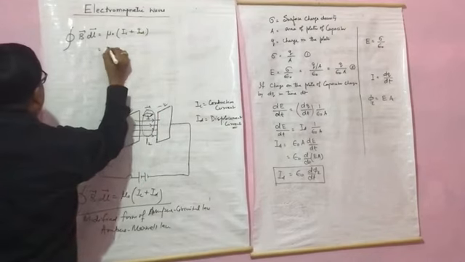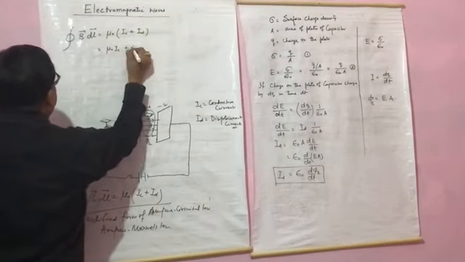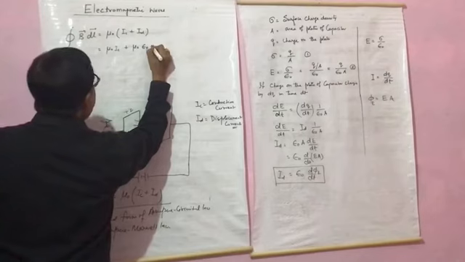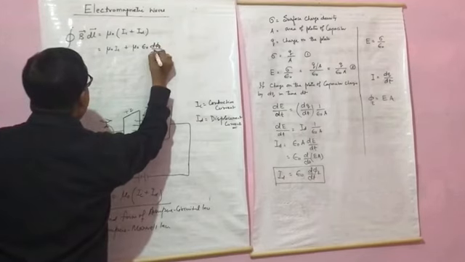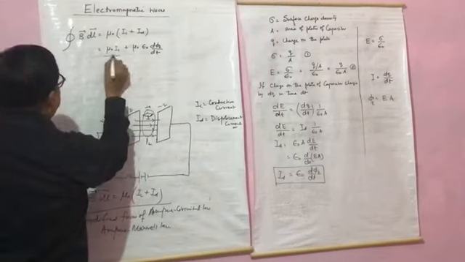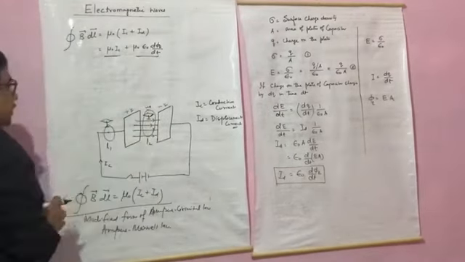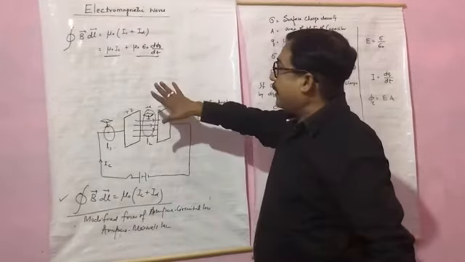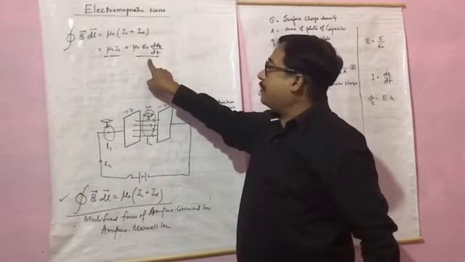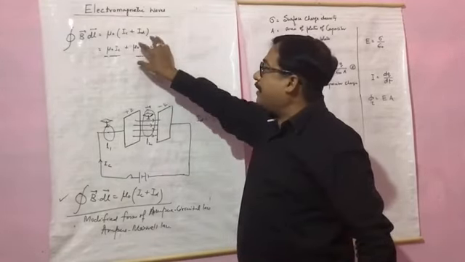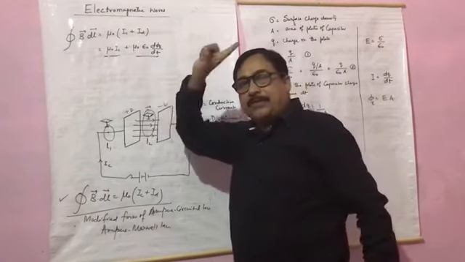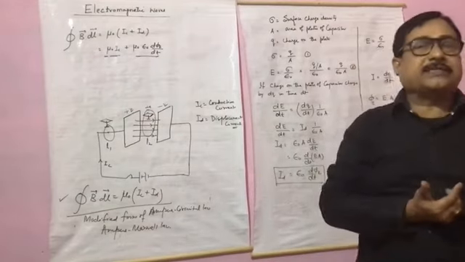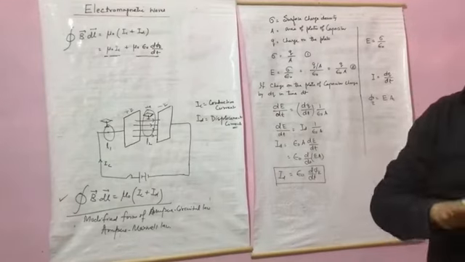Now it can be written as mu naught IC plus mu naught ID, and in place of ID we can write epsilon naught d phi E upon dt. Now this expression is valid everywhere. Where only the displacement current is present, the conduction term will be 0 and we can write this expression. And where there is no displacement current, this term will be 0 and we have the previous form of Ampere circuital law. So in this way, Maxwell has modified the Ampere circuital law for the concept of electromagnetic waves.